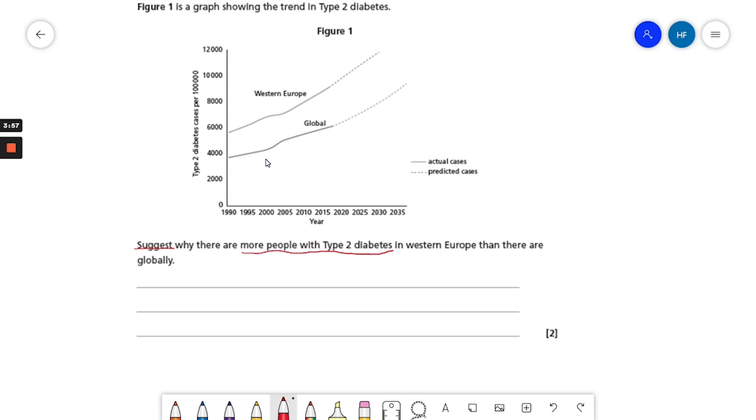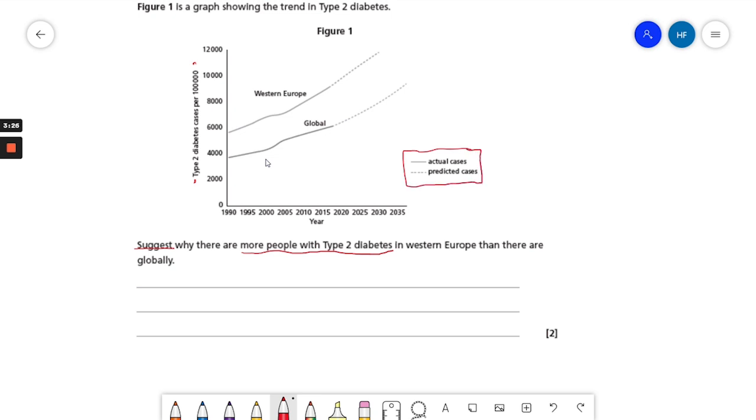Now, although we don't need to describe the trend in the graph, let's just have a quick look at the graph, because it's always important to think about all the information provided in a question and then decide whether it's relevant for the answer. So, on the x-axis, we can see time in years, and then on the y-axis, we can see the number of cases up here per 100,000. Now there's also a key over here, and that tells us what these lines are.